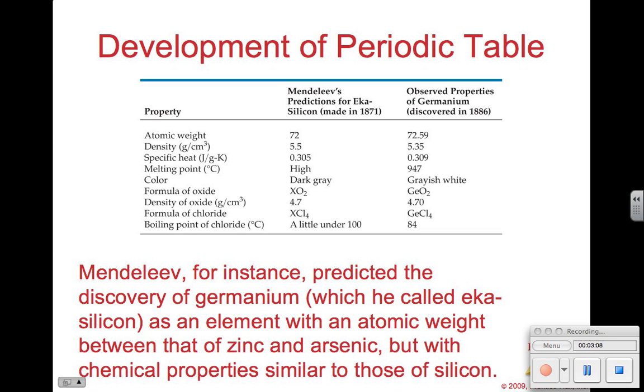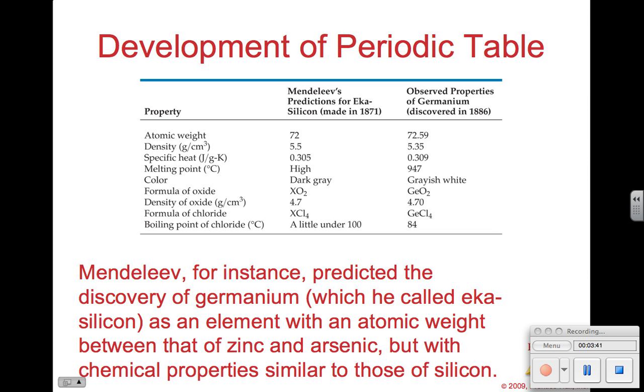So when Mendeleev organized his periodic table, he noticed, among other things, that there were gaps, elements that had yet to be discovered, but he predicted that there should be something in certain spots. One example is germanium, which he called ecosilicon, because it is just below silicon in his periodic table as well as in our current one.